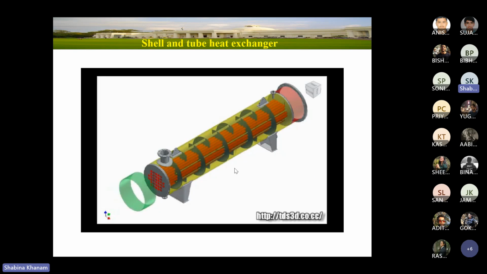The inlet to the tube side happens from this cover, either from this side or from this side, and the fluid enters directly into the tubes. There is no chance for this fluid to come to the shell side, or shell side fluid to the tube side, unless there is a problem in manufacturing. Therefore, the purpose of the tube sheet is to separate the shell side and tube side liquids.